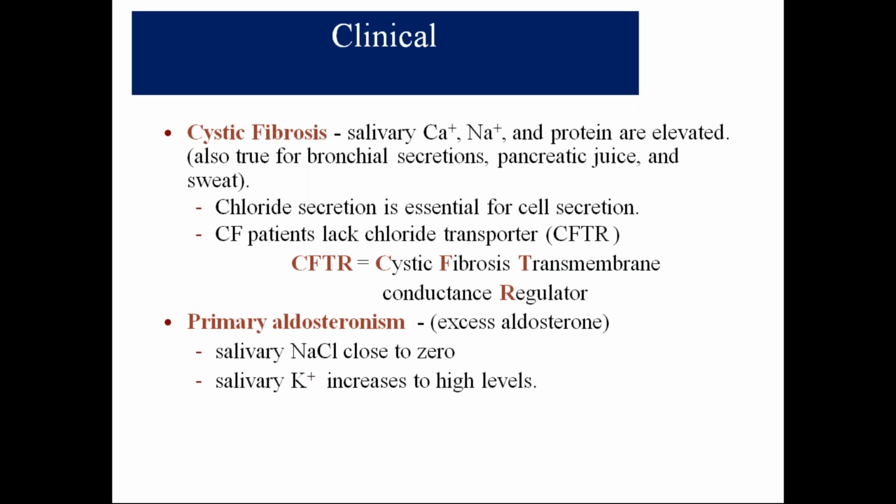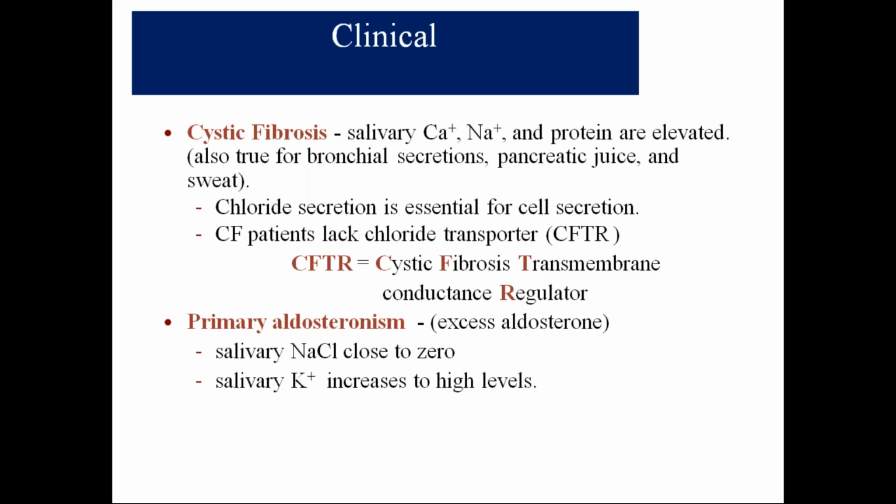So sodium would be reabsorbed, potassium would be secreted, and so there could be depletion of potassium in the body because of primary hyperaldosteronism, right? So that completes the physiology of salivary secretion.